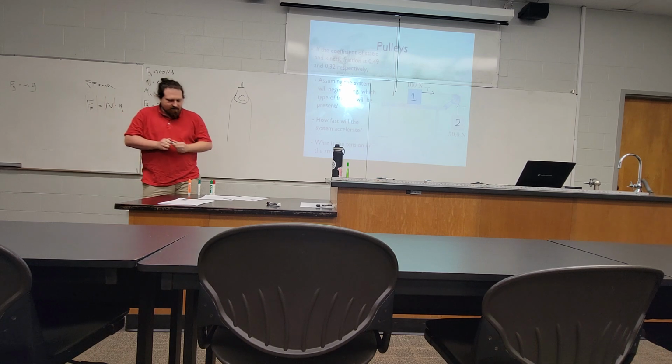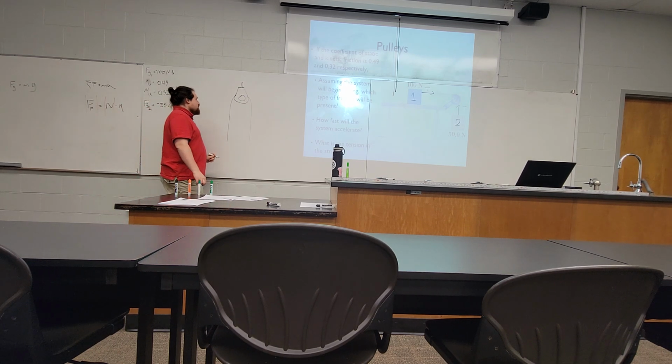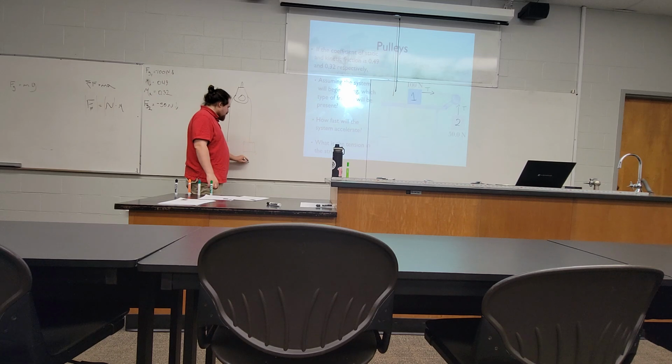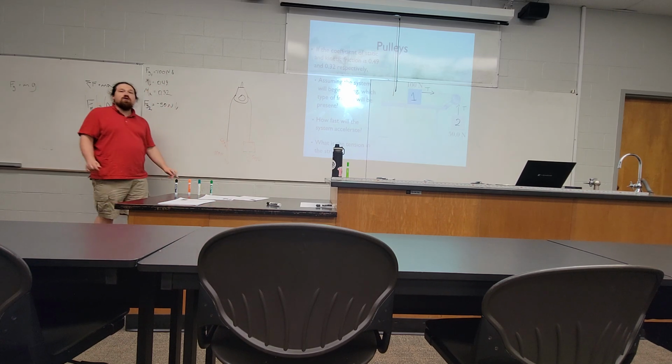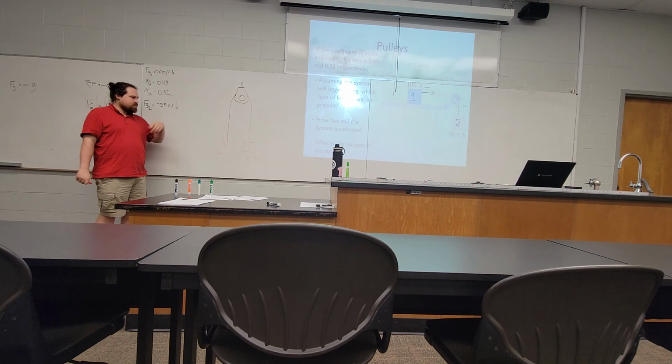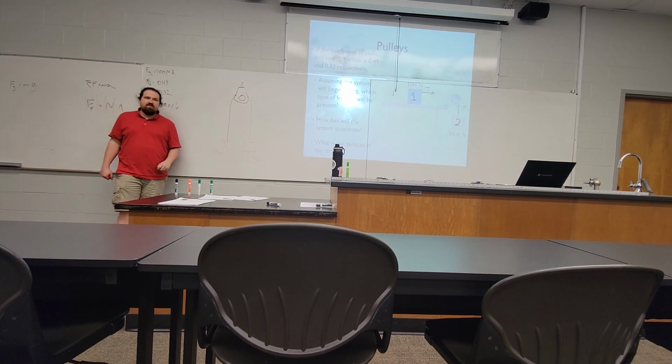As a quick example, let's say that this is a pulley, possibly at, say, a dock or behind the stage at a play. And let's say you're using this pulley to lift a heavy object. You're pulling down with 100 newtons and the box weighs 50 newtons.